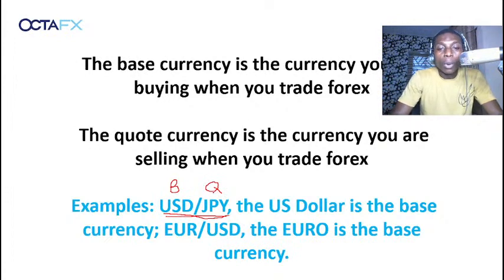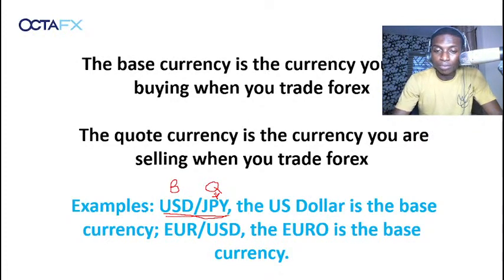So the quote currency is JPY, because when you are selling JPY, you are buying more USD. So the quote currency is the currency that you sell in exchange for the base currency, and the base currency is the currency that you buy in exchange for the quote currency.